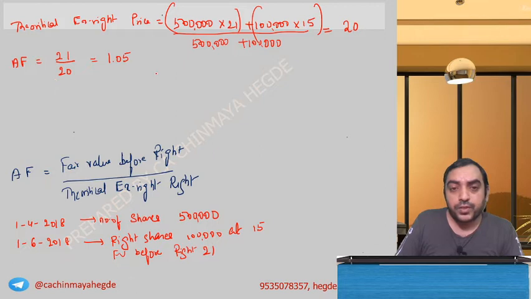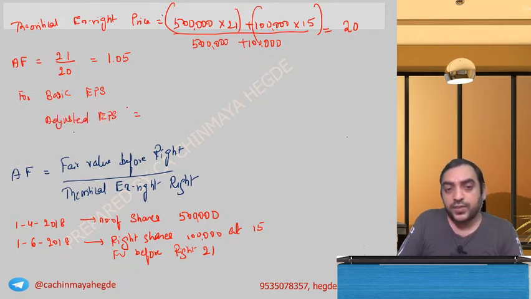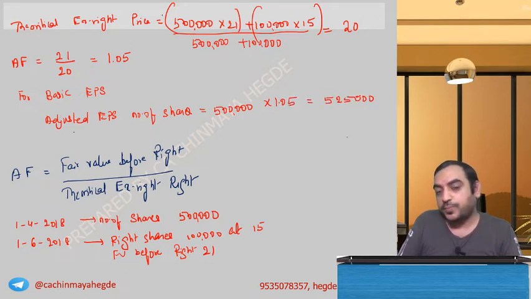Okay. So for the purpose of computing current year EPS for basic EPS and for adjusted EPS. For adjusted EPS, what will be your number of shares going to be? Previous year 5 lakh multiplied by adjusting factor 1.05, 5 lakh 25,000.